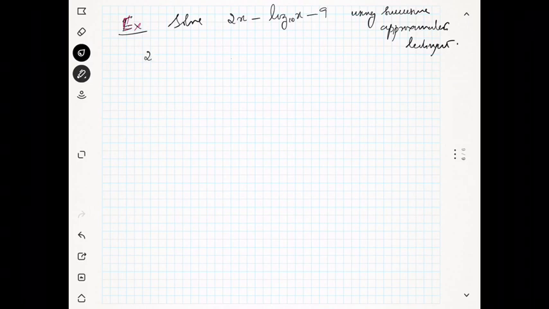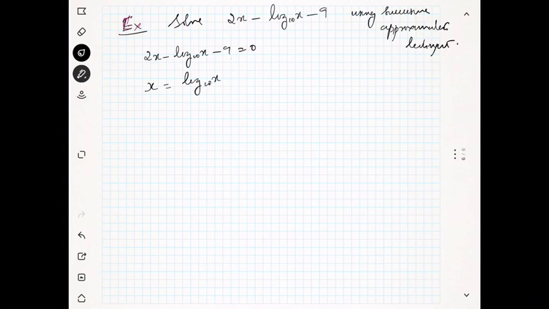So you can see here 2x minus log to the base 10 x minus 9 equal to 0. So we will find x from this. So x is equal to log to the base 10 x plus 9 by 2, right?